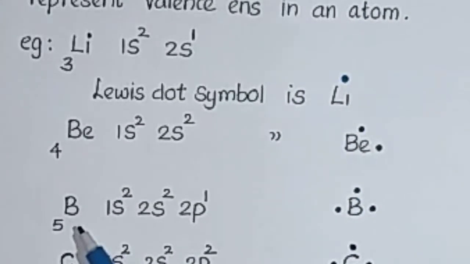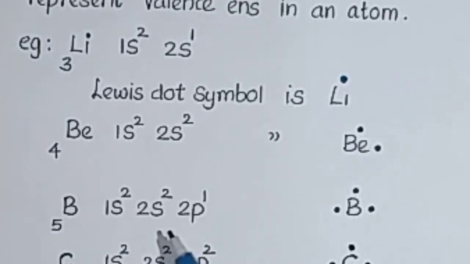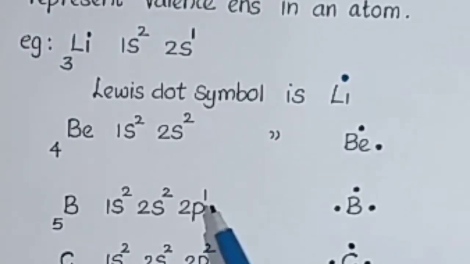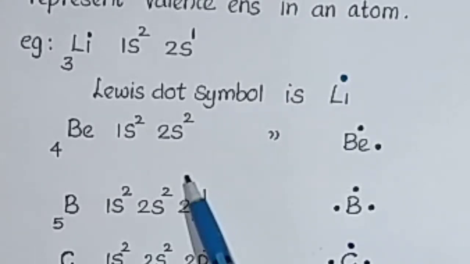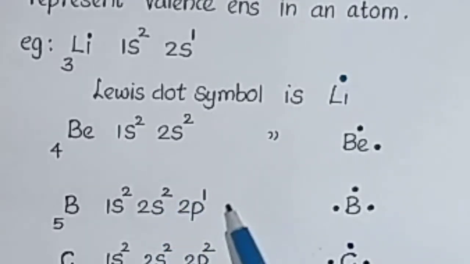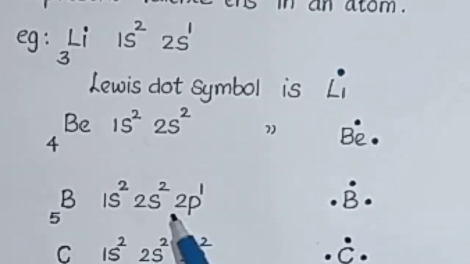Then next, boron, atomic number 5. Then 1s2, 2s2, 2p1. The valence shell is the main shell, which indicates the principal quantum number, here n is equal to 2.